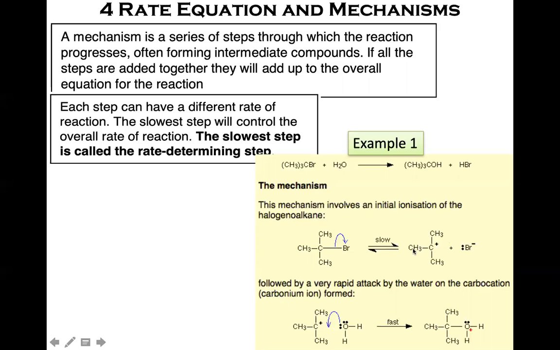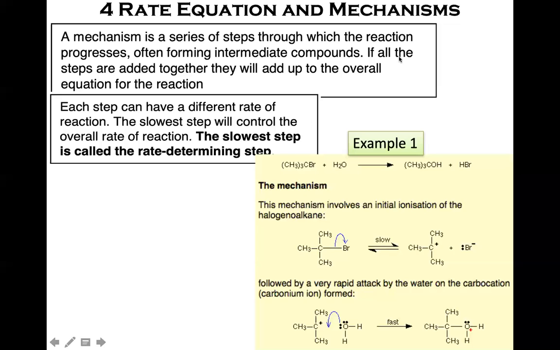Now, this is your intermediate. We call this the carbocation. If you notice, the carbocation or your intermediate does not show in your equation. So the equation is really the summarized version. You don't see what's happening. You don't even know that there is an intermediate unless you learn the mechanism.